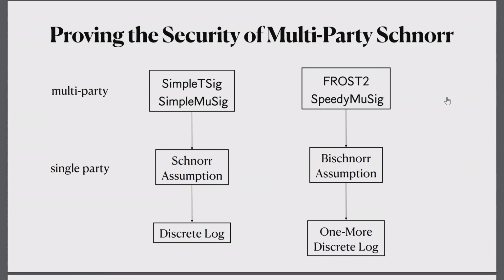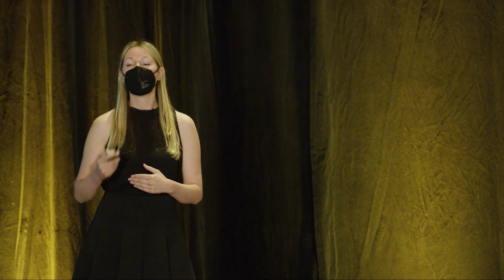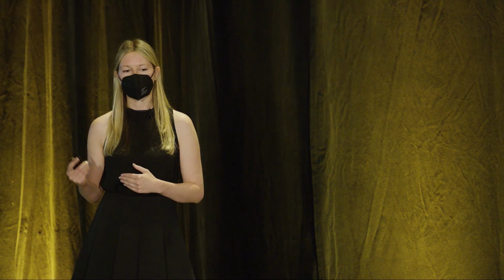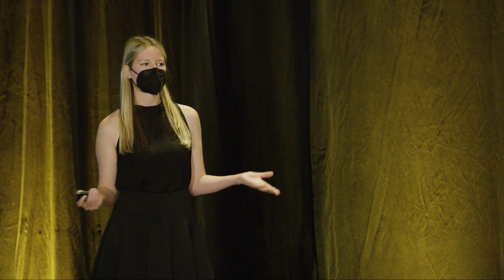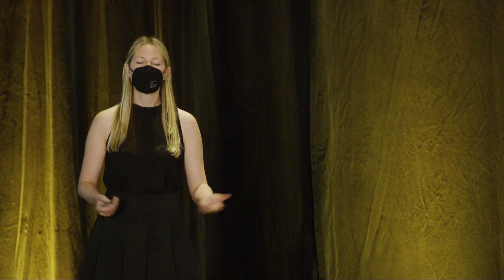You have the multi-party schemes reducing to the single party, and then from the single party, you're trying to extract the solution to the one-more discrete logarithm assumption. This is a slightly stronger assumption. In particular, the 3-round schemes are interesting from a theoretical standpoint because they only rely on discrete log, whereas the 2-round schemes require this slightly stronger assumption.